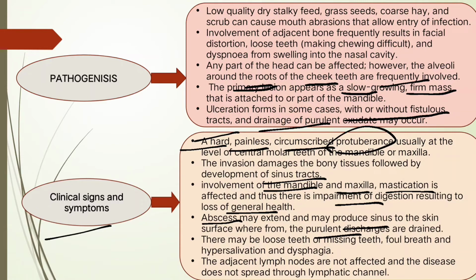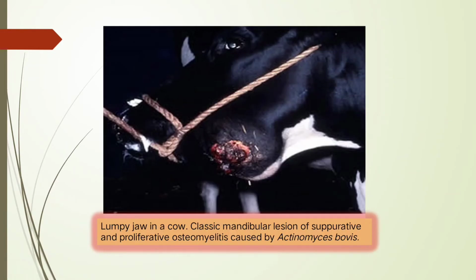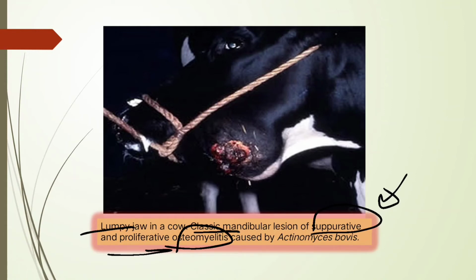This is the differential point from actinobacillosis, where involvement of lymphatic vessels and channels is seen. In this picture, you can see the lumpy jaw in a cow, with classic mandibular lesions of suppurative, pus forming and proliferative osteomyelitis, more precisely rarefying osteomyelitis caused by Actinomyces bovis.